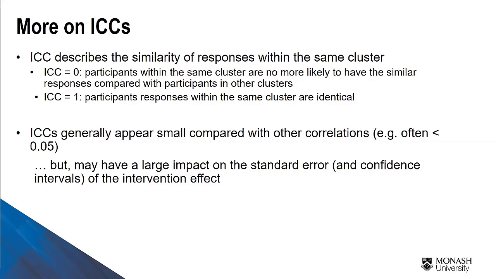If the ICC is equal to 1, then participants' responses within the same cluster are identical. What happens with ICCs is they generally appear quite small compared with other correlations. Often they're less than, say, 0.05, but they can have a large impact on the standard error and the confidence intervals of the intervention effect, particularly if you've got large cluster sizes.